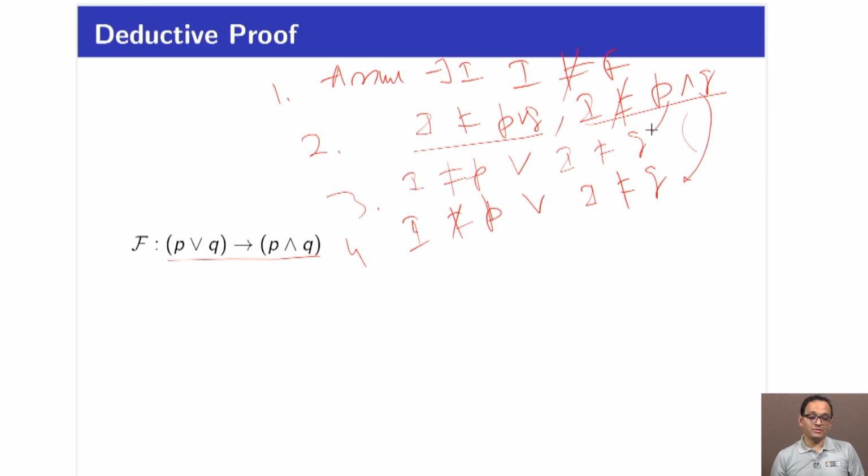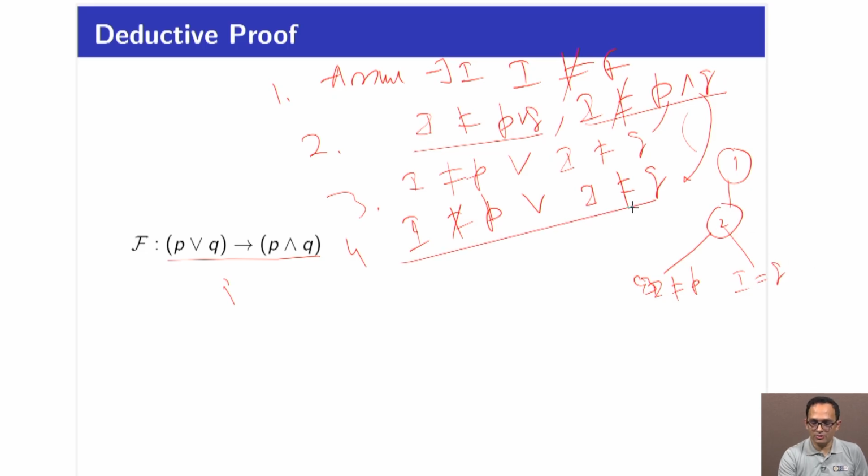Now, you can see there is a bifurcation, right. So, initially I start with 1. If I construct the tree, 1 is this line, from there I got 2, and from there I got 3. So, basically you get either I satisfies P or I satisfies Q, and now I can apply this rule.